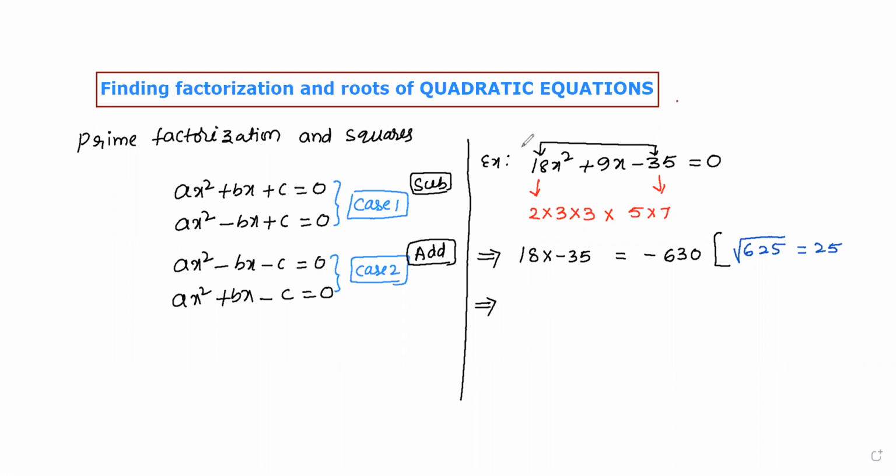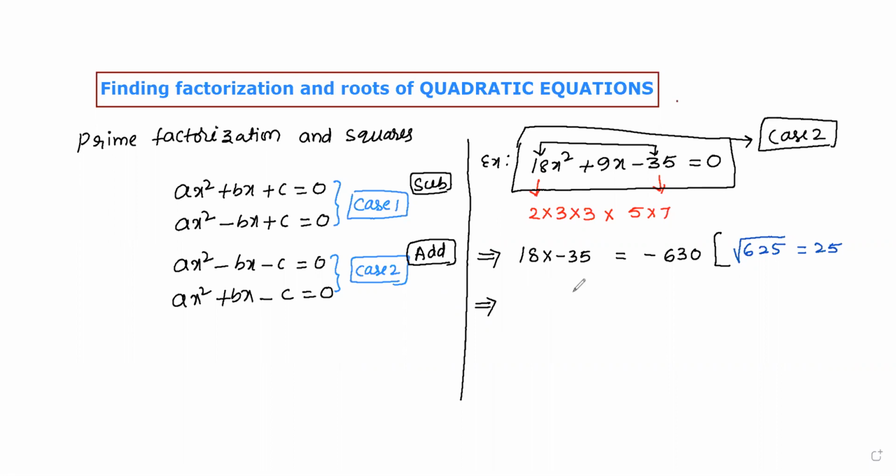Let us see which case the given equation comes under. This equation comes under case 2. That means we have to do addition here. So here I am taking 25. We have to add the coefficient of x to the 25. So then you get 34.